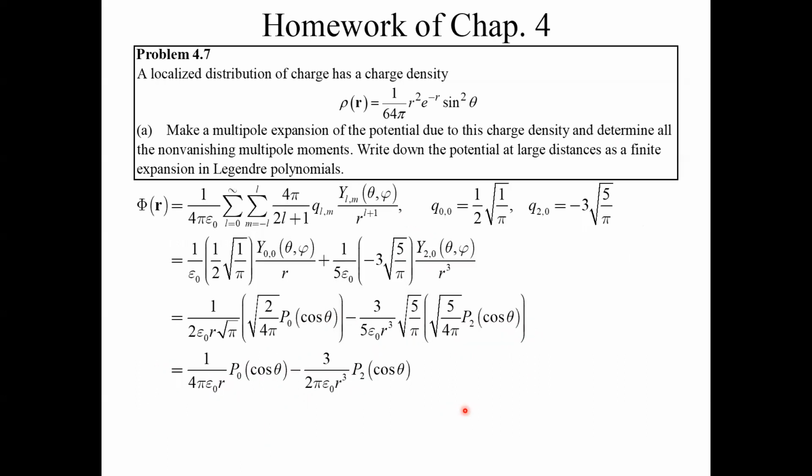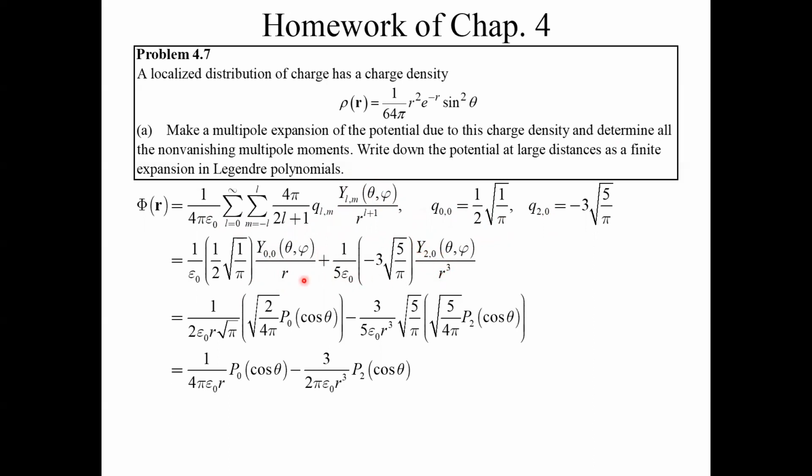So next, we will calculate our potential. As a potential at a large distance, we can write it down in this formula because of our multipole moments. So we use these 2 multipole moments, and our spherical harmonics will change into Y00 and Y20 here.